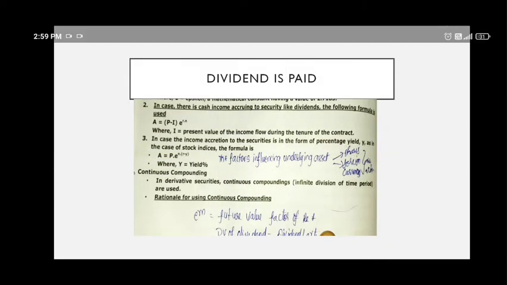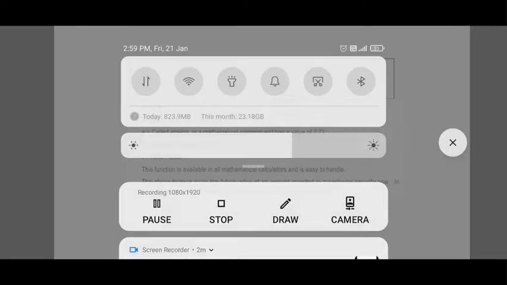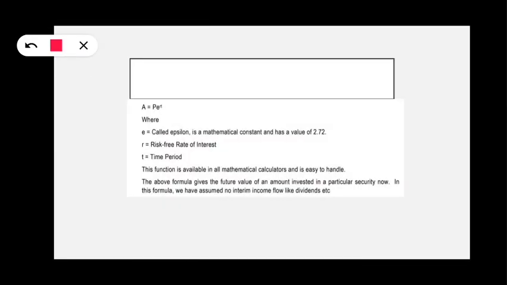But this formula will be usable only when we assume that other things remain constant. For example, when we are calculating the share price, we assume other things remain constant.